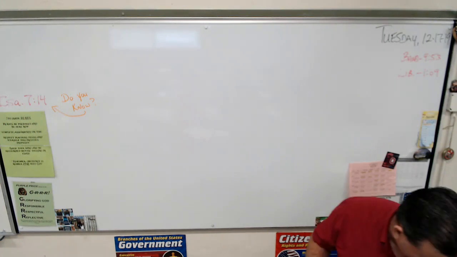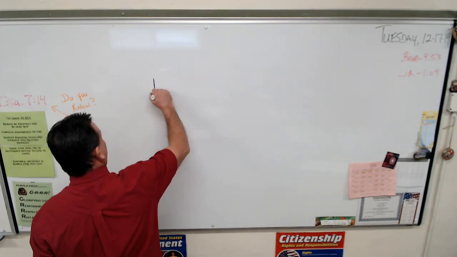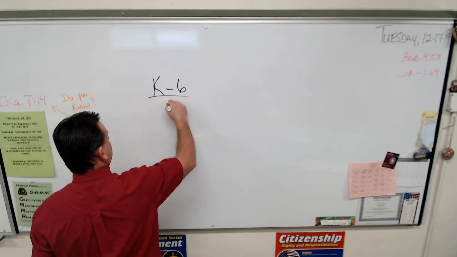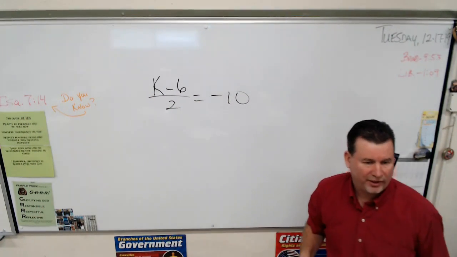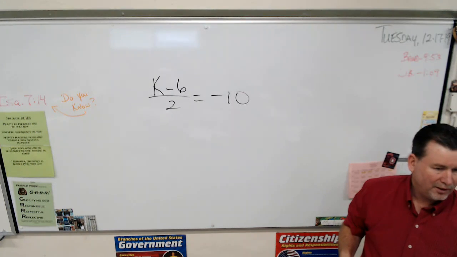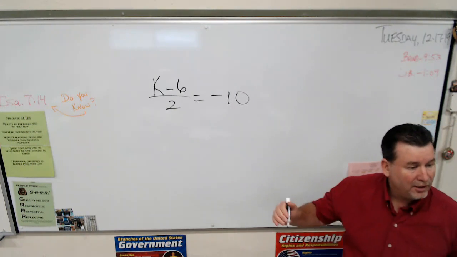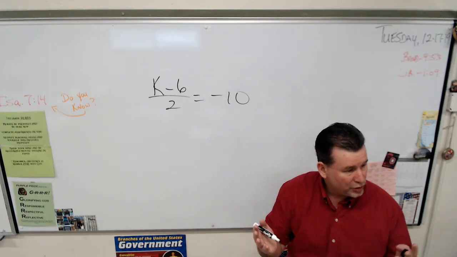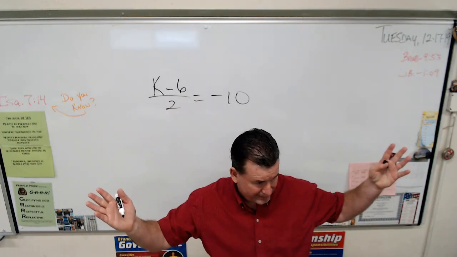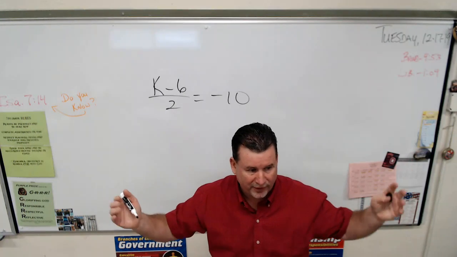K minus 6 over 2 equals negative 10. All right, how do I get rid of that fraction in my equation? Remember, as long as you do the same thing to both sides of an equation, you maintain the equality, right? Add, subtract, multiply, divide.